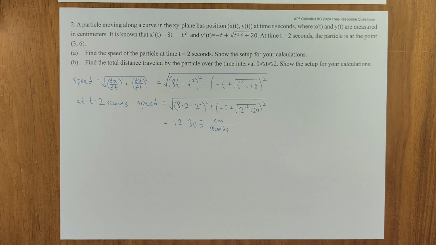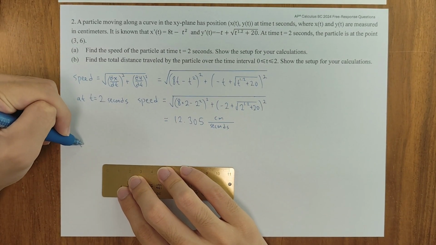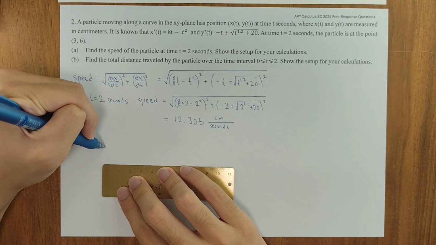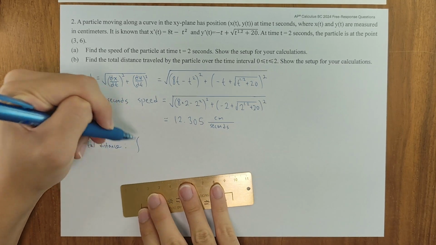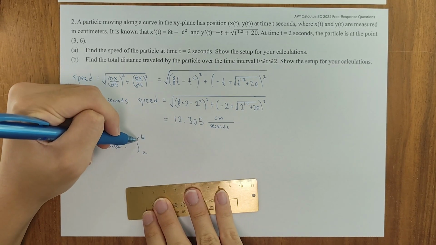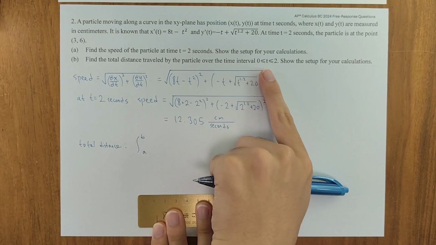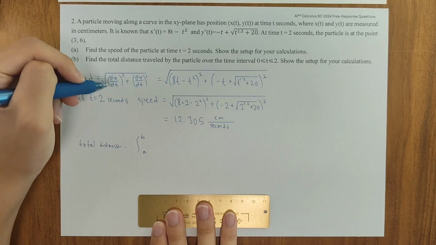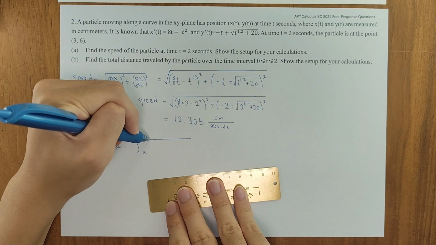Part B of the question: find the total distance traveled by the particle from t equals 0 to t equals 2, and show the setup for calculations. Total distance formula. The distance formula is the integral from a to b, so in this case it's 0 to 2, of this speed function here.